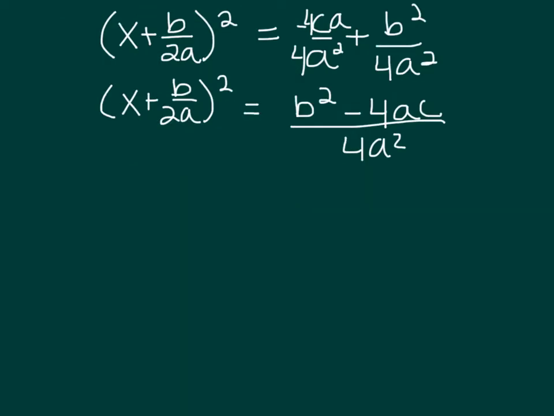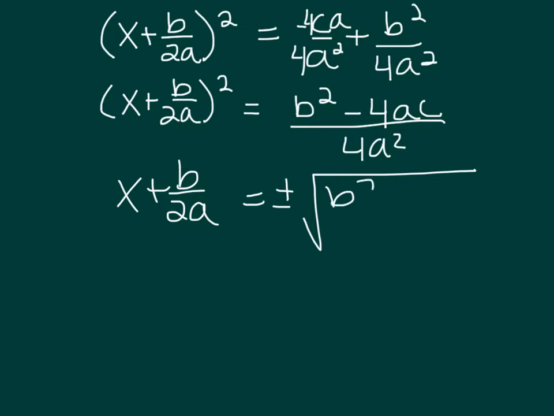And I'm trying to solve for x, so now it's time to take the square root of both sides. We've got x plus b over 2a equals plus or minus the square root of b squared minus 4ac over 4a squared.